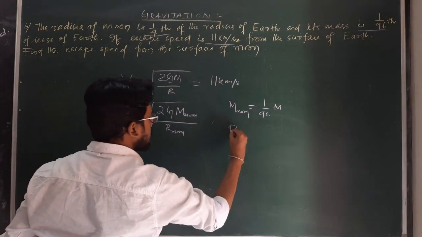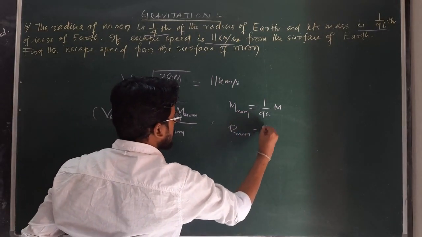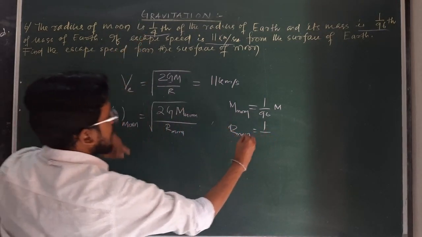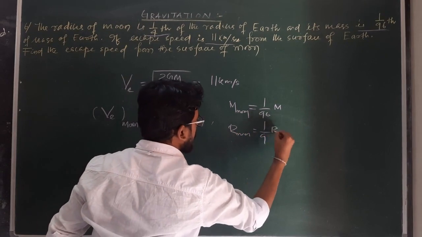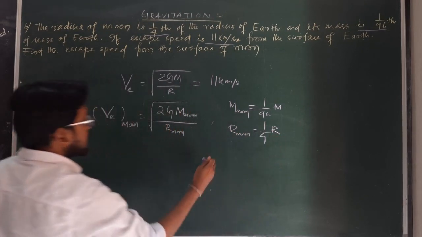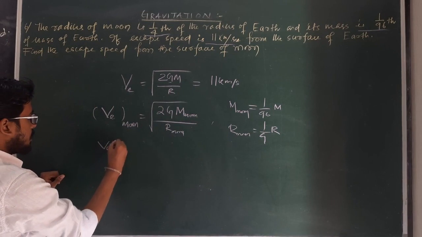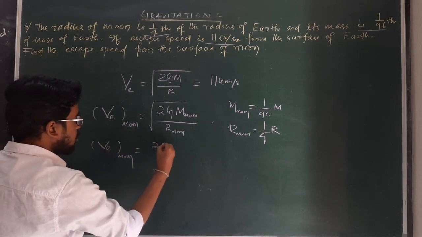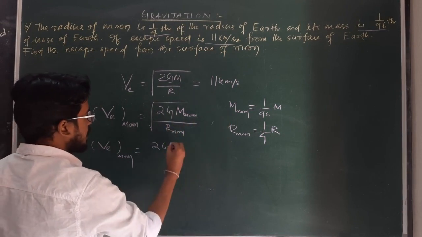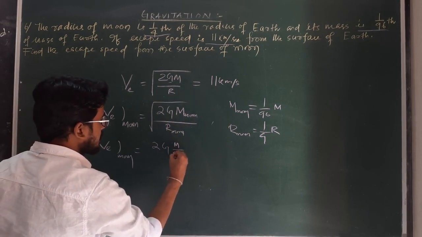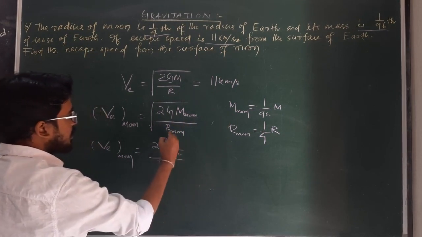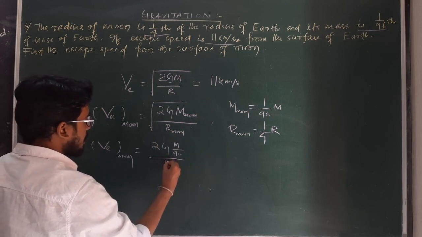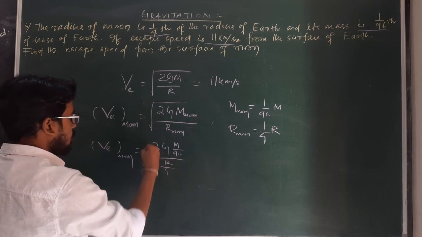And what is radius of moon? This is 1 by 4 times that of radius of earth. So replacing this, the escape velocity of moon will be equal to how much? Under root 2G, in place of mass of moon I can write M by 96, divided by, in place of radius of moon I can write R by 4.